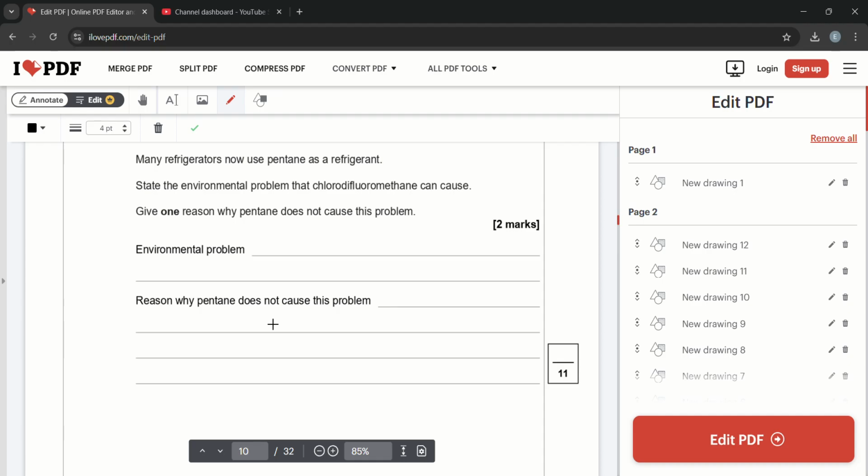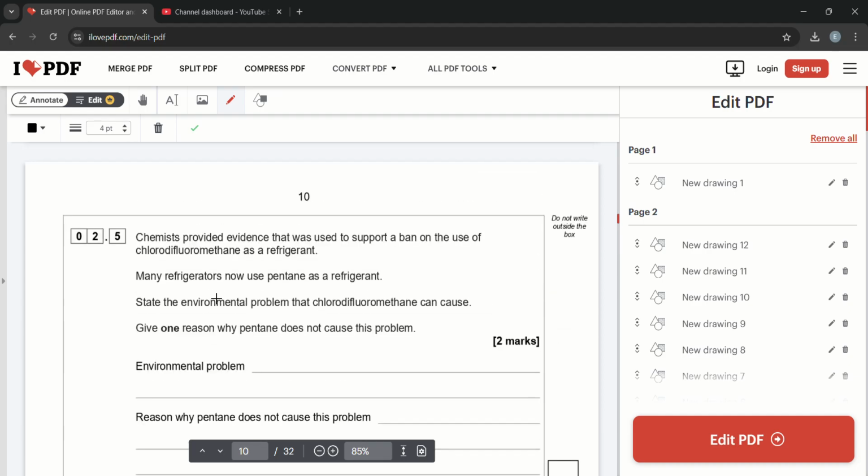And then 2.5, chemists provided evidence that was used to support a ban on the use of chlorodifluoromethane as a refrigerant. Many refrigerators now use pentane as a refrigerant. State the environmental problem that chlorodifluoromethane can cause, and give one reason why pentane does not cause this problem.